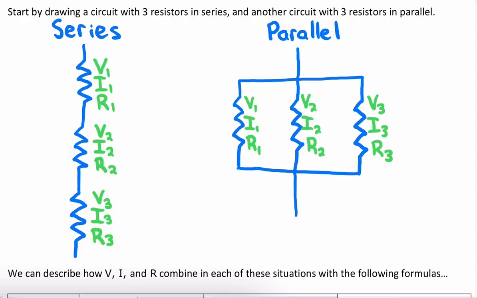These rules tell us in each of these 2 scenarios, series and parallel, how the total resistance of this entire part of the circuit, or the total voltage or total current, is related to the individual voltages, currents, and resistances on each of the resistors.